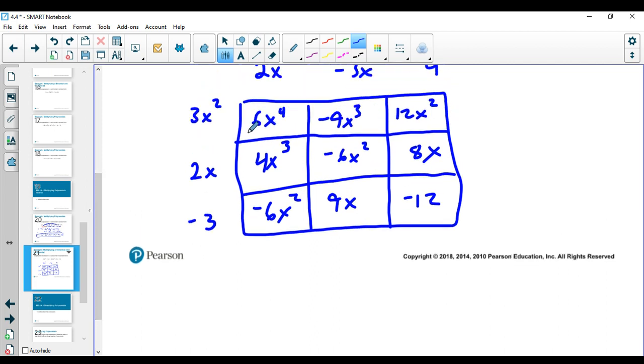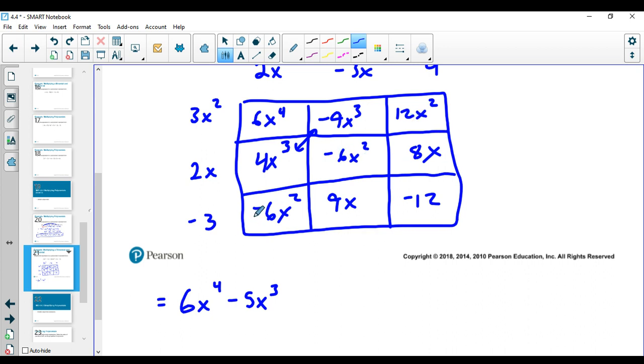So this x to the fourth, there's no other x to the fourths. So we just write 6x to the fourth. Now these x cubes, there's two of them here and here, so we add them. 4 minus 9 is going to be negative 5x cubed. We're combining like terms. Now the x squareds, there's 3, right? We're going to have minus 6x squared, minus 6x squared, which is minus 12x squared, plus 12x squared.